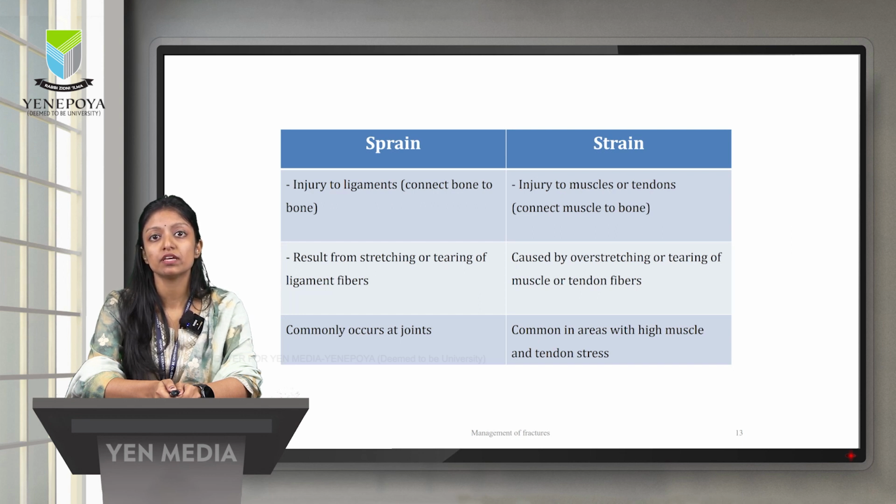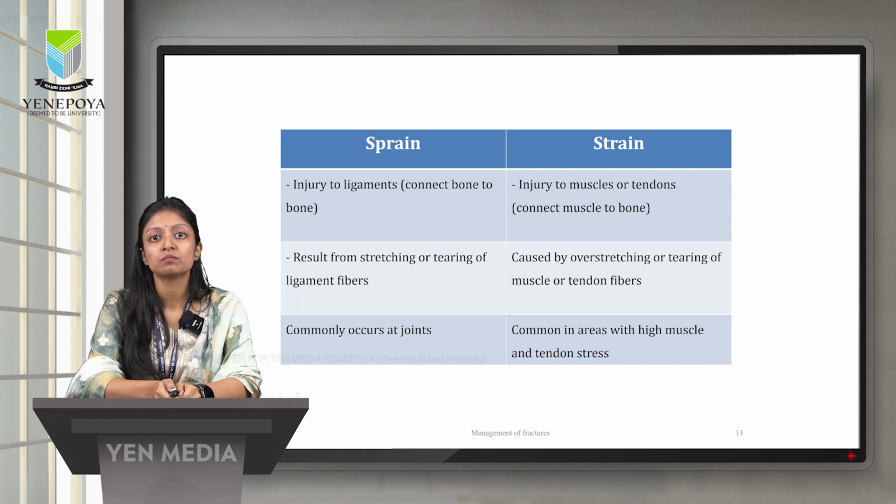Whenever we are doing heavy exercises which pull our muscles, this is because of strain. Next, sprain commonly occurs in the joints. As ligaments connect bone to bone, it is a joint injury. Whereas strain occurs in areas with high muscle and tendon stress.